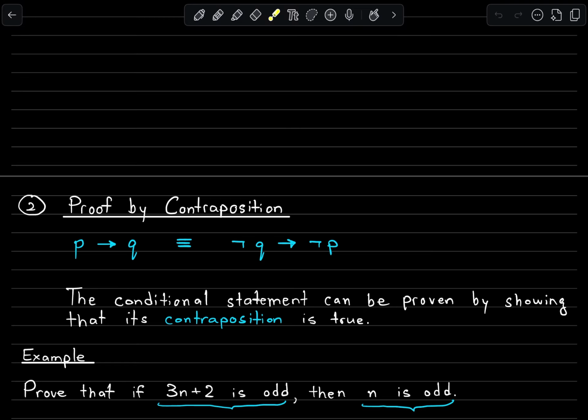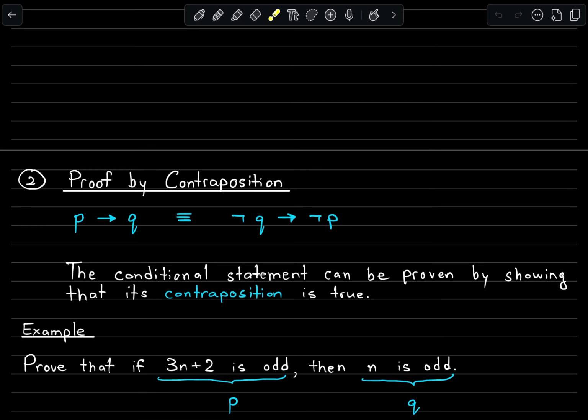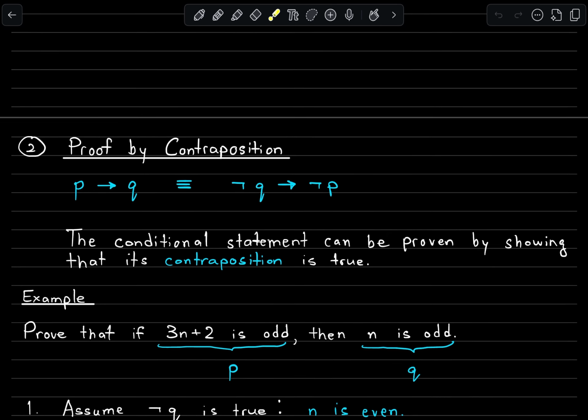Prove that if 3n plus 2 is odd, then n is also odd. Okay, so 3n plus 2 being odd, we're going to call that our p. That's the antecedent of this conditional that we're trying to construct. n being odd, we're going to call that q. That's our consequent.